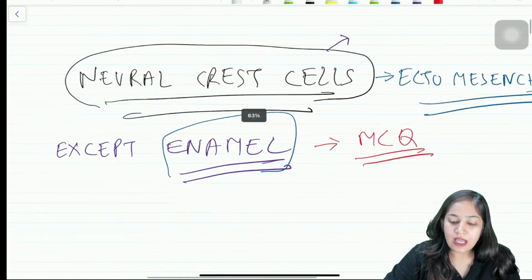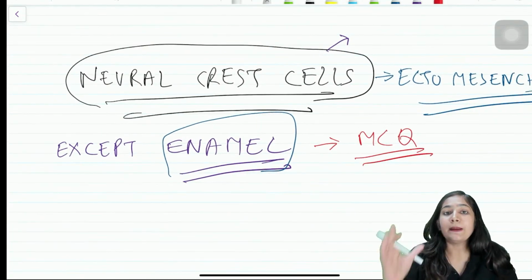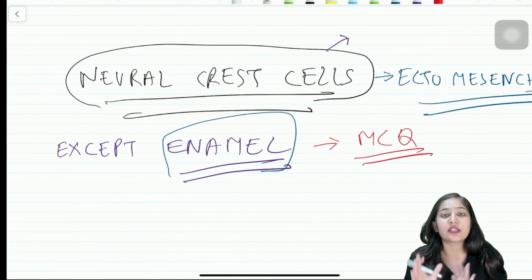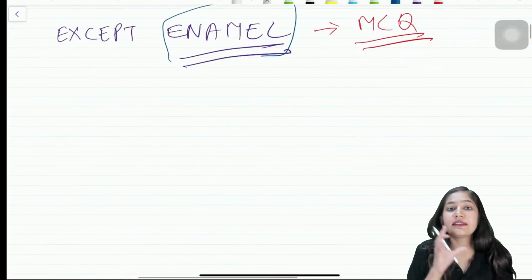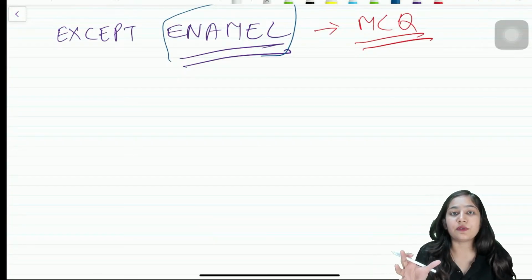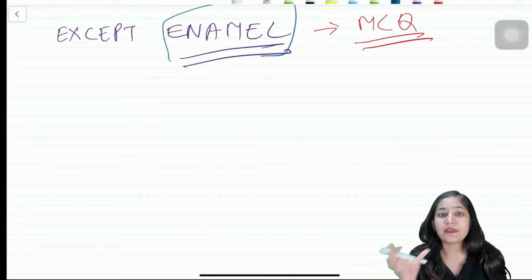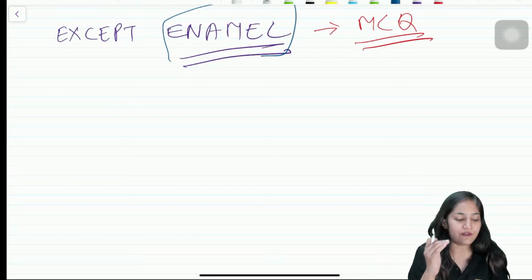right? Now in tooth development, mainly we have two structures involved in the formation of tooth. One is epithelium and one is connective tissue. That is our oral ectoderm. Epithelium is the ectodermal portion and one is the connective tissue portion, right? So here we have our epithelium. A 2 to 3 cell layer stratified squamous epithelium is present, right?